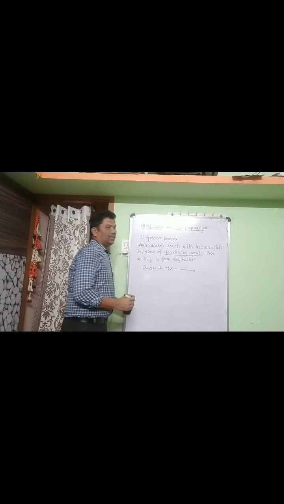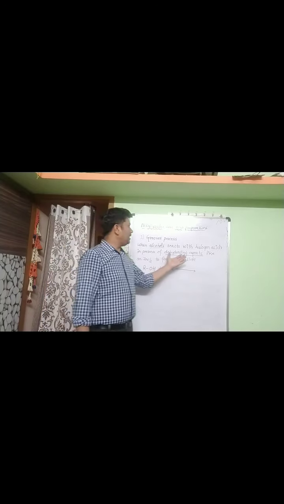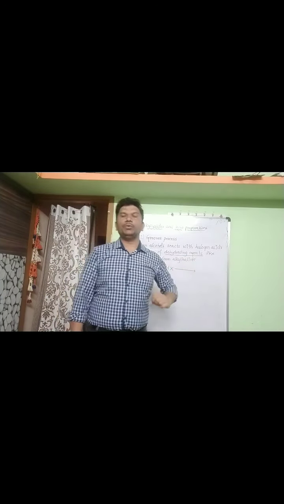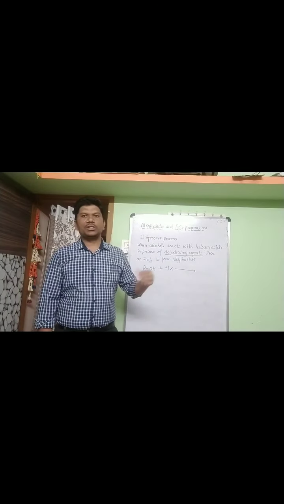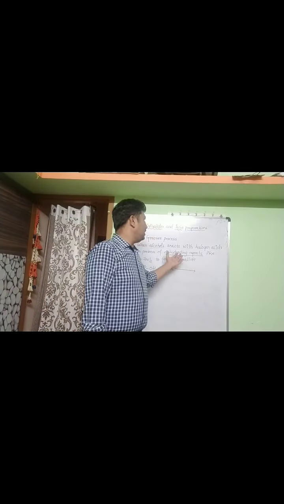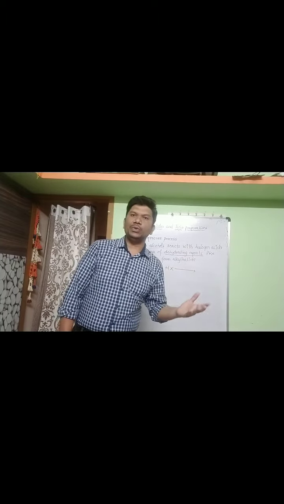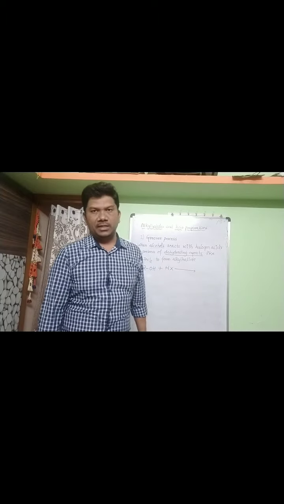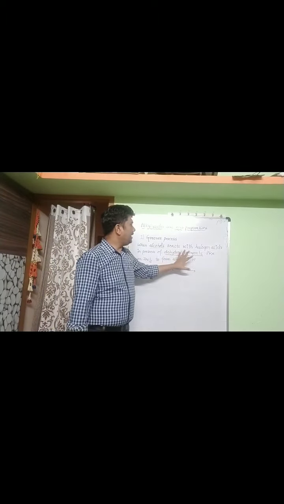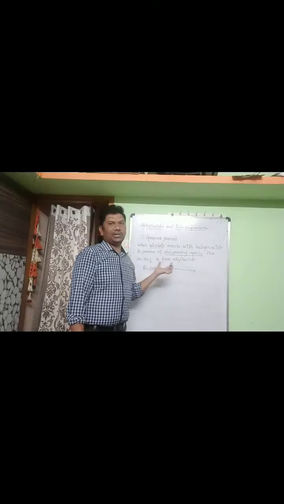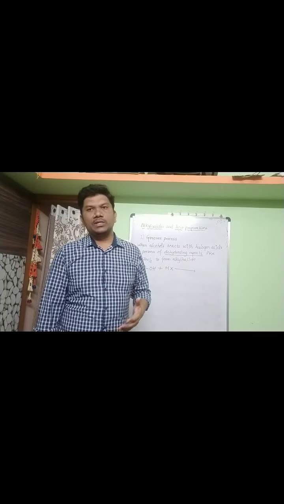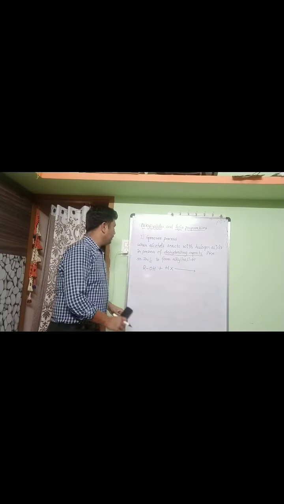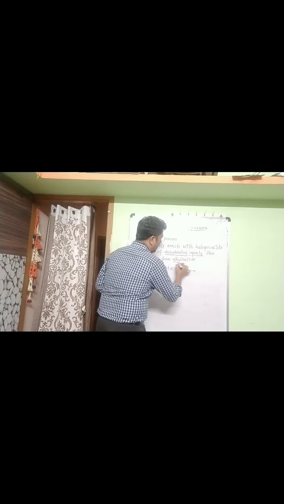Dehydrating agent is a substance used to remove water molecule in most chemical reactions. Sulfuric acid acts as a dehydrating agent. So here the dehydrating agent is anhydrous zinc chloride. It helps to remove water molecule. Then to form an alkyl halide.